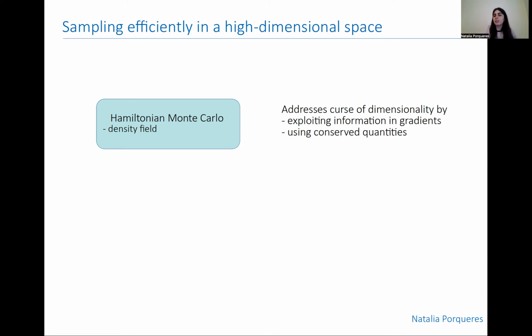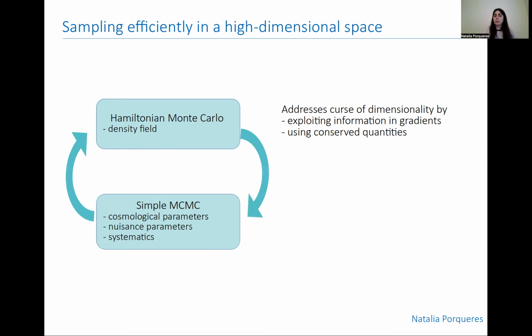The other advantage is that Hamiltonian Monte Carlo techniques use conserved quantities, and that guarantees a high acceptance rate. So we use Hamiltonian Monte Carlo for the density field because these are many parameters, but then for the rest of the parameters, we use a simple MCMC. We use a simple MCMC for the cosmological parameters and then for the nuisance parameters and systematics.